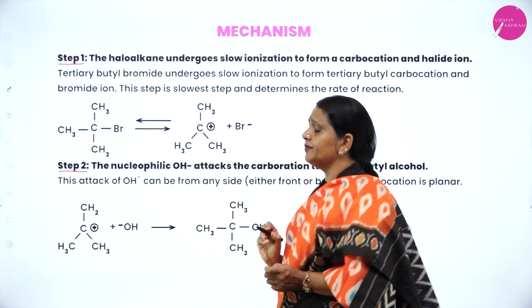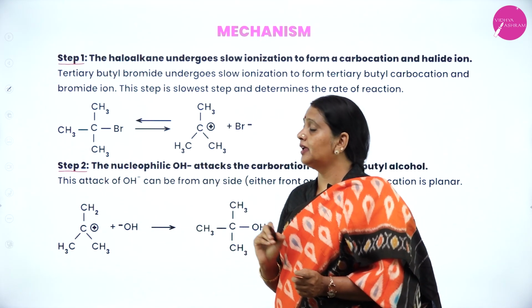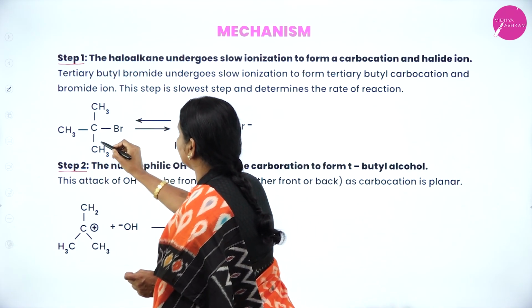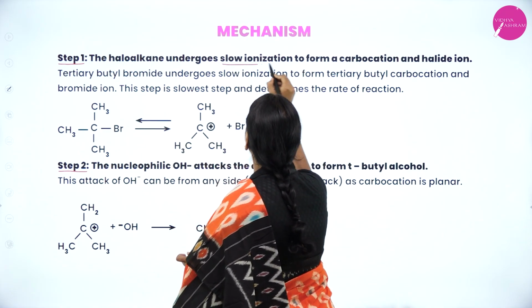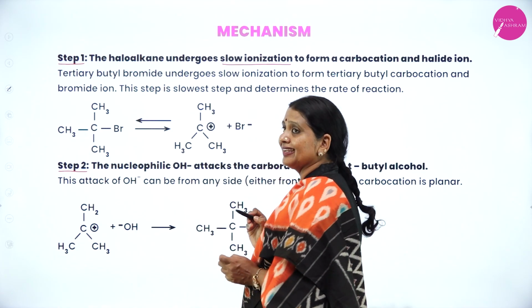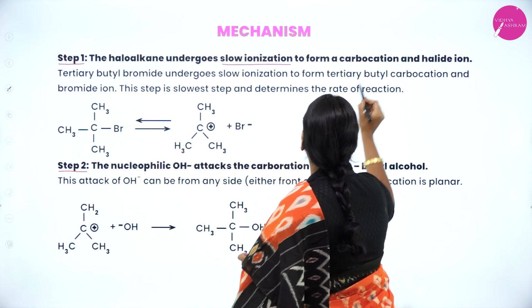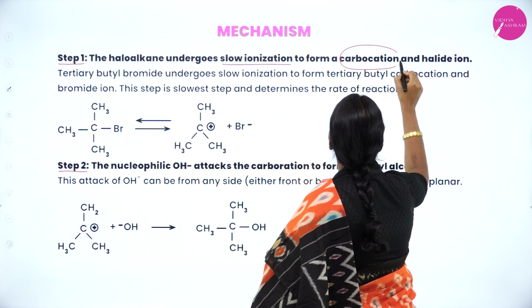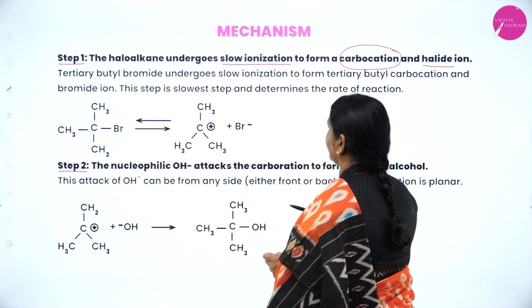Now, what's step 1? This tertiary alkyl halide undergoes slow ionization to form carbocation and halide ion.